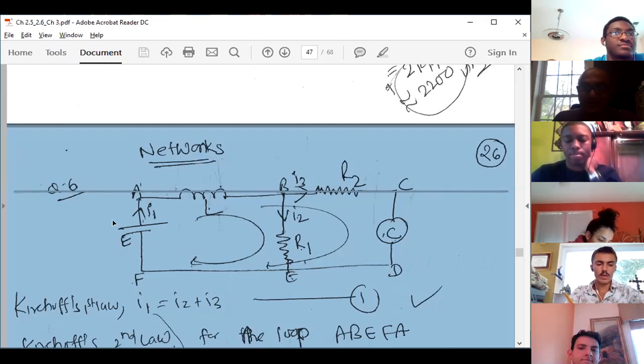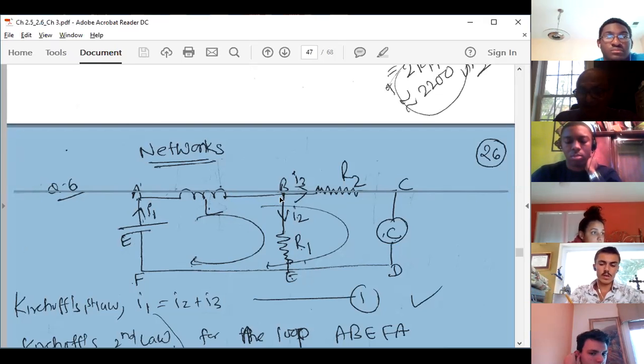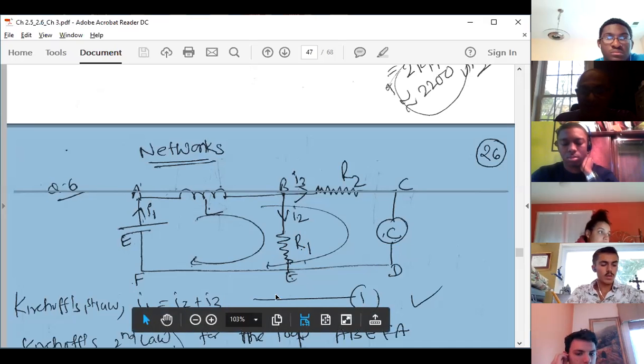Okay. Then the current passes through the resistance R. Usually it is R times I, but here my current is not I or I1. It is now I2 and the resistance is R1. So it is given by plus R1 times I2, and then there is no other component, so it goes to the battery.